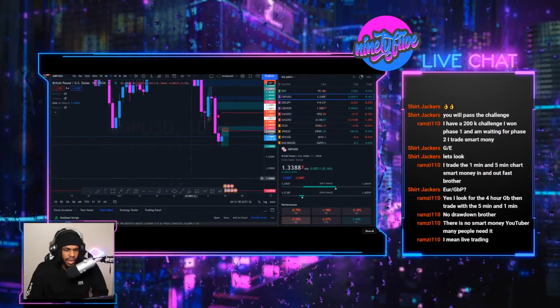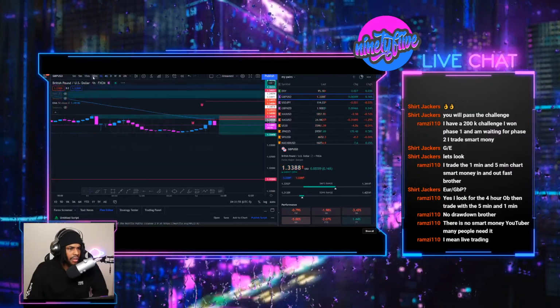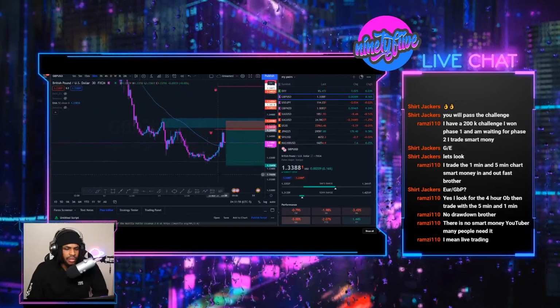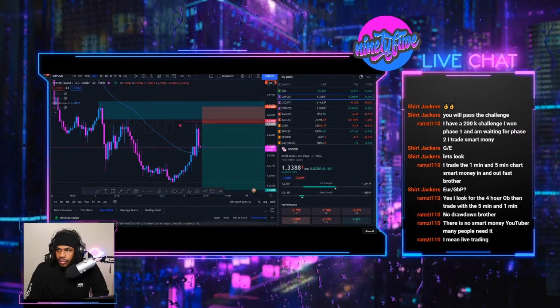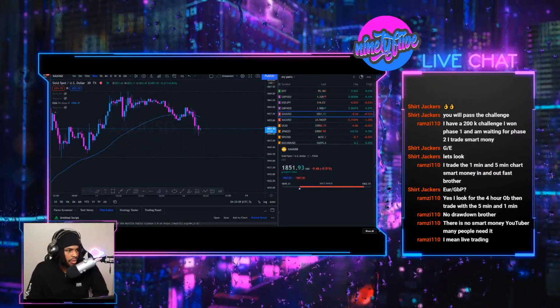Now, a little bit of imbalance up in there, but it might come and get that later. We'll see. I try to trade every zone there is, if there's a confirmation. If there's anything else you want me to mark up, let me know.